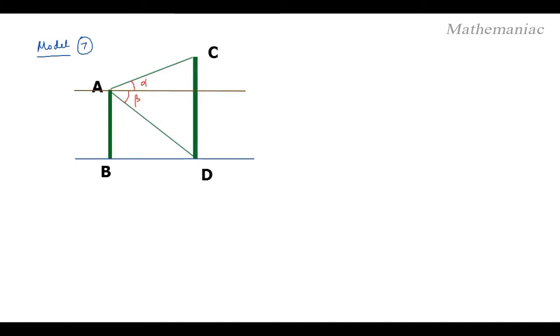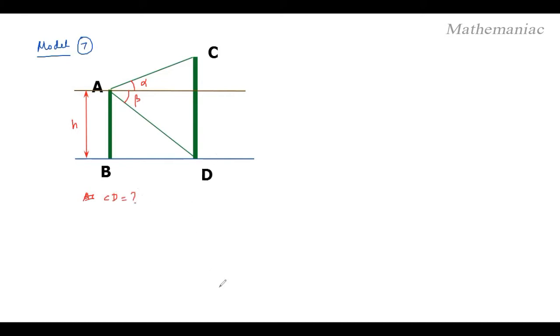And at the same time, I would like to define the height of the tower where the person is sitting, right? As small h meters, right? So my question will be to find the height of the other tower or other building CD.